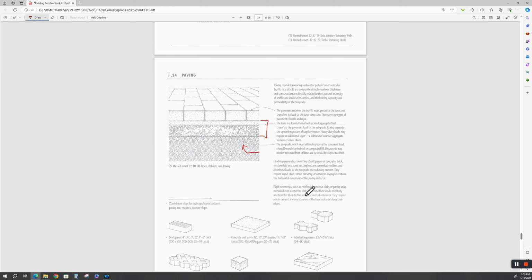Rigid pavements, such as reinforced concrete slabs or paving units mortared over a concrete slab, distribute their loads internally and transfer them to the subgrade over a broad area. They require reinforcement and an extension of the base material along their edges. So now Ching, he separates. I said even a reinforced concrete slab was flexible pavement.